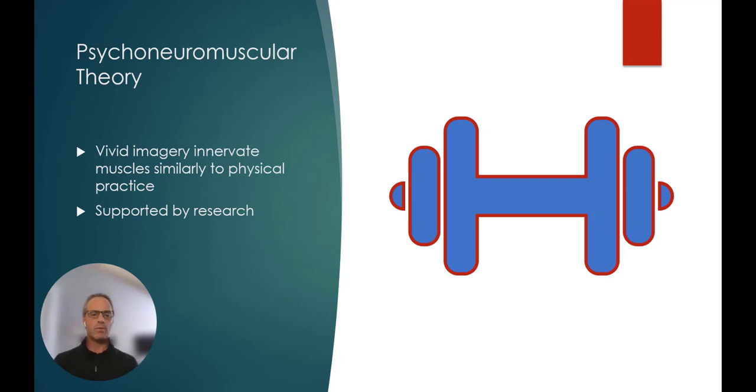our performance, right? The psychoneuromuscular theory essentially indicates that when we do vivid imagery, our muscles are innervated by nerves similarly to when we physically perform the task. Now, this doesn't mean it's going to take the place of physical practice.